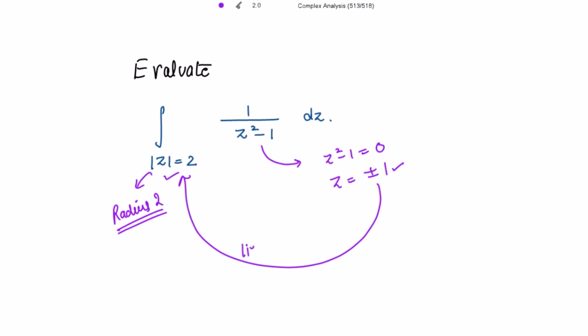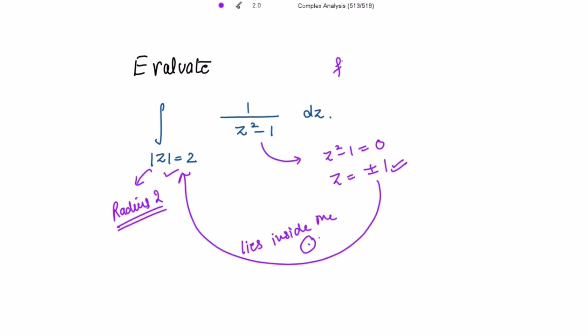And because these two points lie inside the circle, we can now apply Cauchy's integral formula for both these points, right? And what function do we have to take? We always take the function to be the numerator, provided that when the denominator is taken equal to 0, the points we get both lie inside this circle.